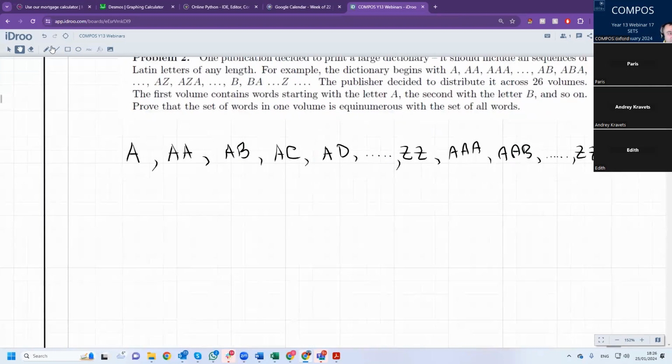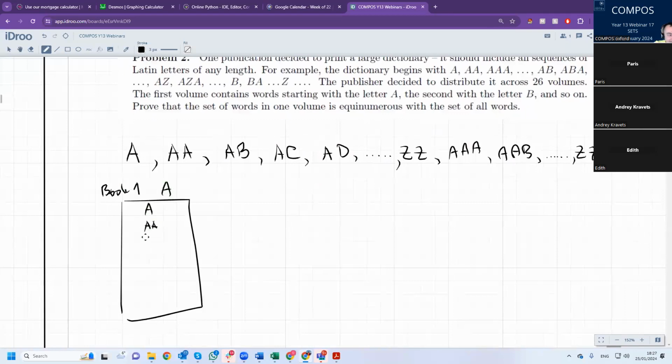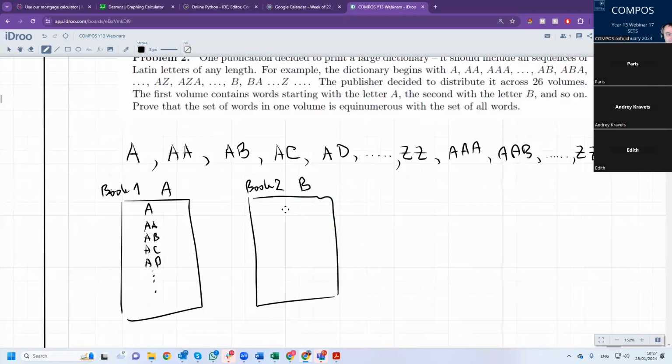So the first book would only contain words starting with A. So book one: A, AA, AB, AC, AD, etc. Book 2 would have only words starting with B: B, BA, BB, BC, etc. all the way up to, well, there's no all the way up to, they're infinite. Etc. And book 3 is C.